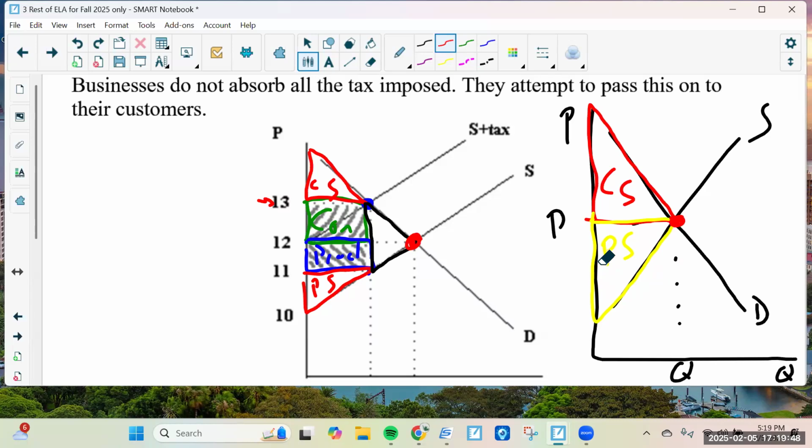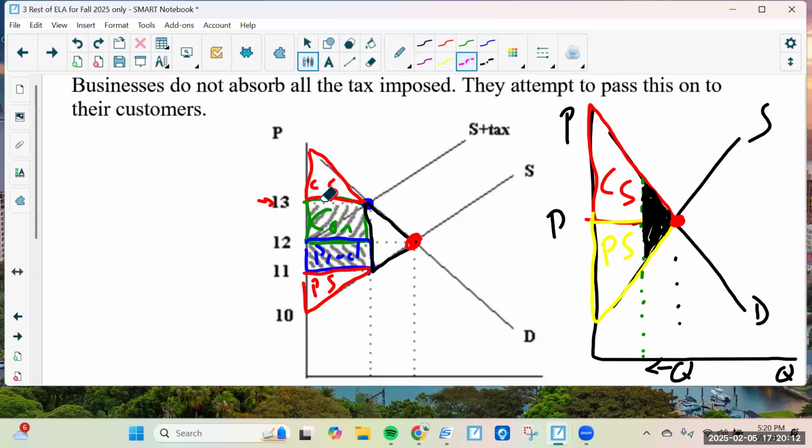And what ends up happening is the tax shifts us to here, and that creates this area right here that is completely lost. That's what we call deadweight loss. Nobody gets that money. It disappears because the quantity decreased from 100 to 80.